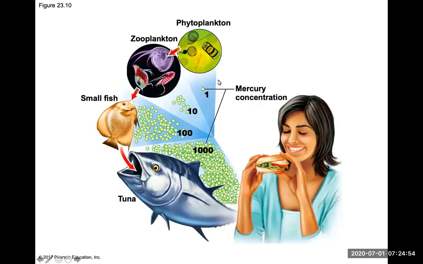And this can be true if we talk about mercury concentration. If mercury is not that concentrated in phytoplankton or zooplankton, it'll become more concentrated in the fish that eat it, being biomagnified. And this is why eating fish that are high in mercury levels can have a huge effect on people, because the mercury levels are biomagnified.